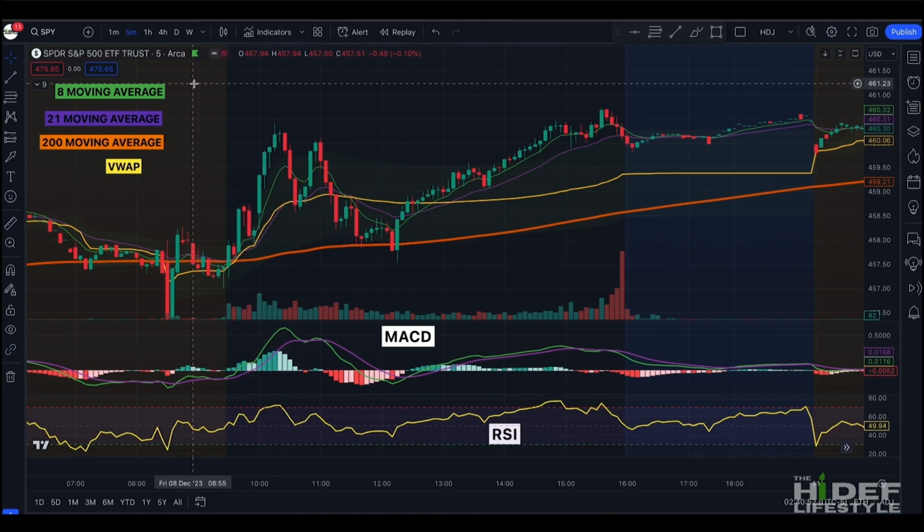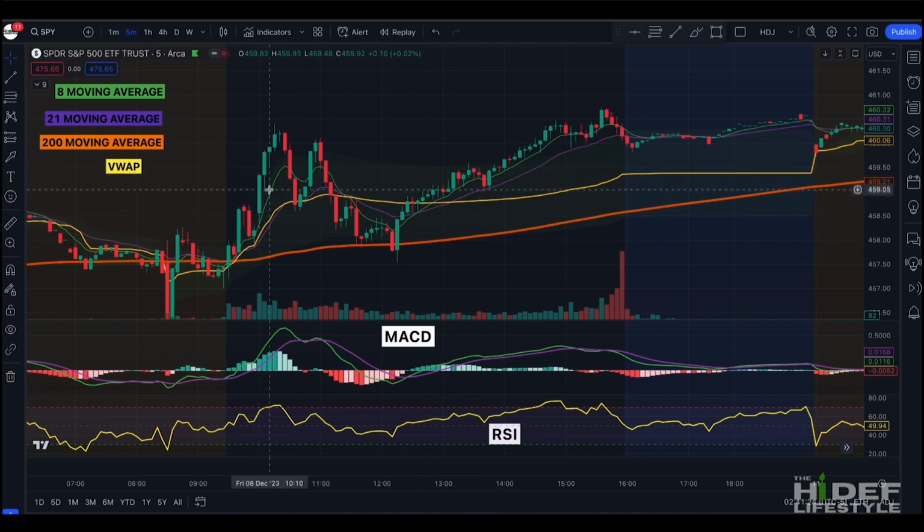All right, but on the smaller time frames, I like to use the 8, the 21, and the 200. So now, when I'm looking at the price action of the candles throughout the day, the 8 moving average, I'm tracking that because this one is, I would say, closely related to the price action, as far as the candles staying with it the entire time.